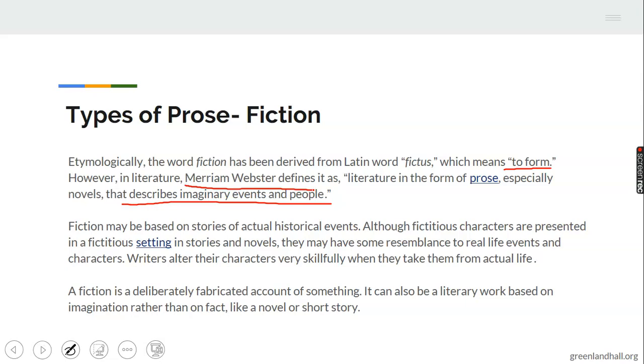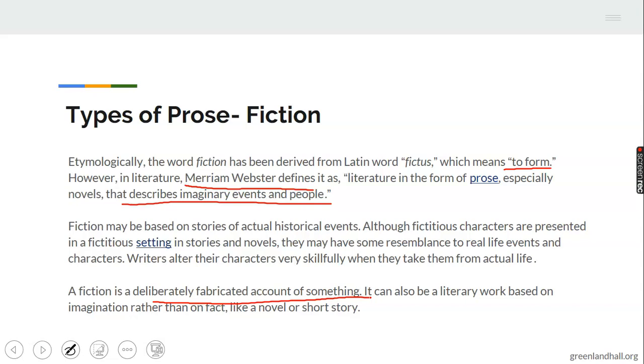And I call it a deliberately fabricated account of something. That is something based on your imagination or your creativity, your ability to think and write. This is what fiction is all about. Your ability to think, to create, and to write.